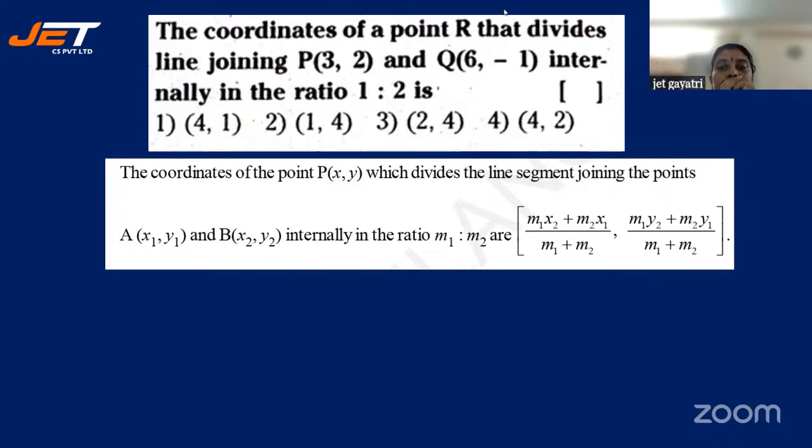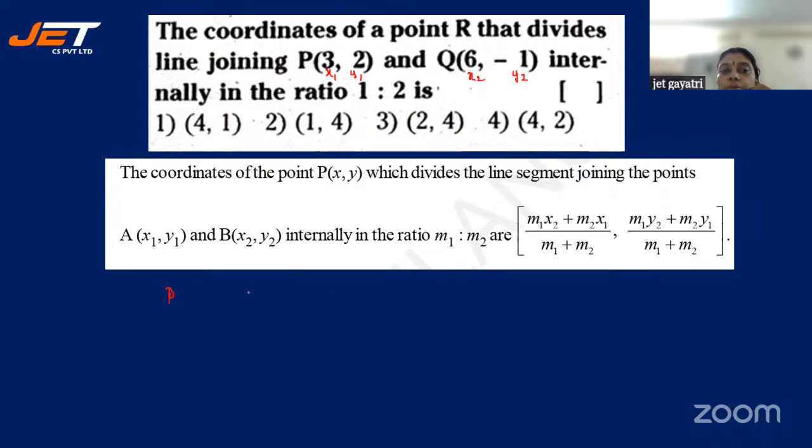All right, let's quickly do this. It's actually a very simple question, right? So P of 3, 2, so 3 should be x1, y1. This should be x2, y2.